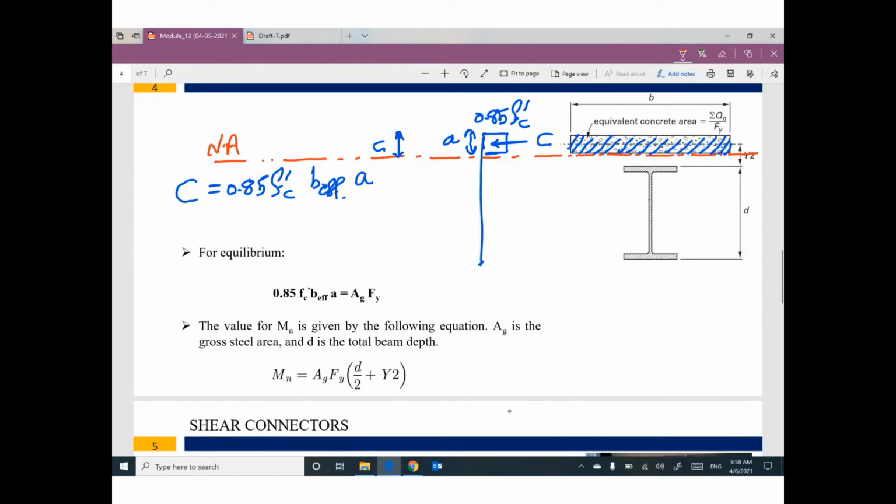The lower part below the neutral axis, we have part here of concrete, I believe, but this part is ignored, concrete cracked. So this part of steel will be under tension Fy, and we will have tension here, T. This T equals area gross of this steel beam times Fy.